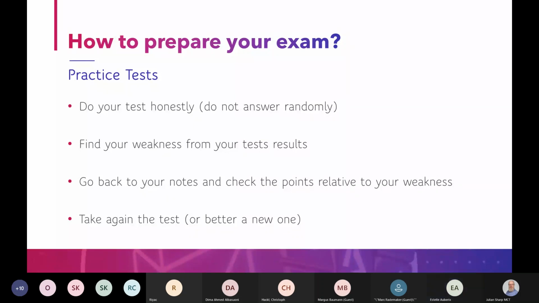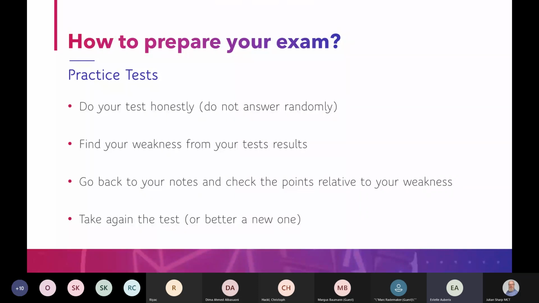With the first test, I see the result and say, okay, this point I totally don't know anything about. This point, okay, I know that, so I can trust myself because I already manage this point. In this way, you will be able to focus on your weaknesses rather than on your strengths.